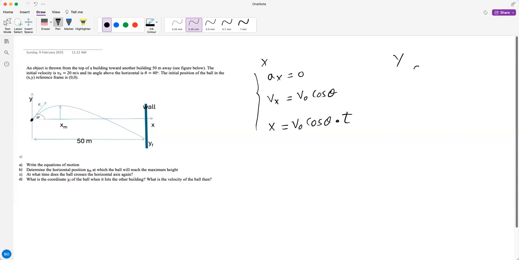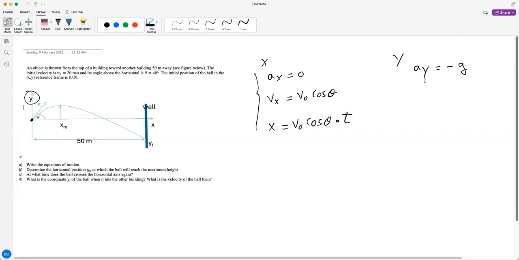Along the y-axis, we know that the object is subject to the gravitational force, which means the y acceleration is equal to minus g. Since we are taking our y-axis upward, the acceleration will be in the negative direction.